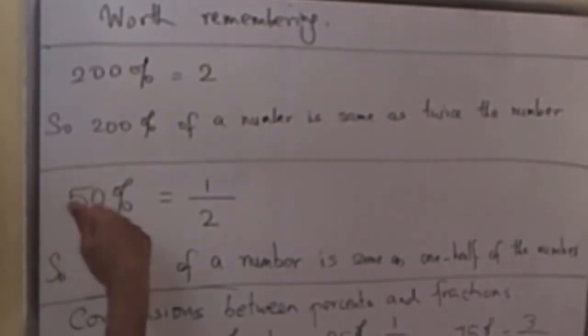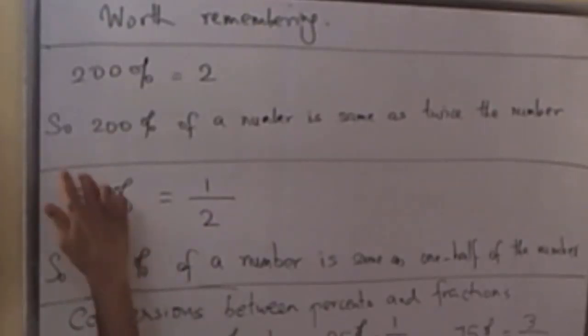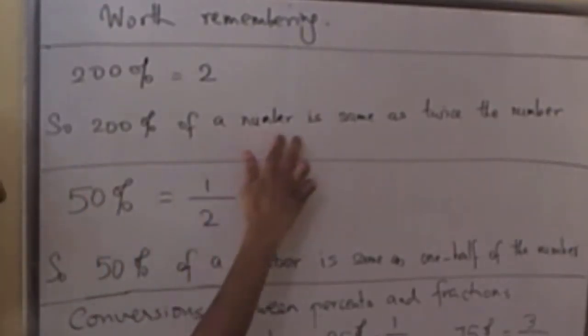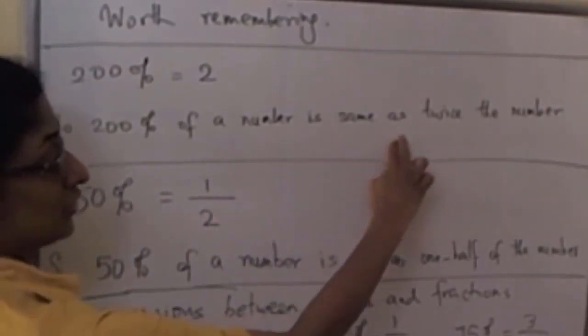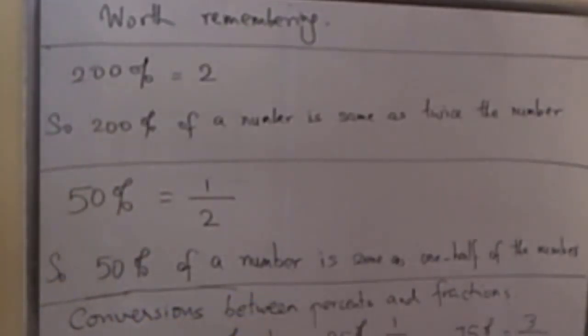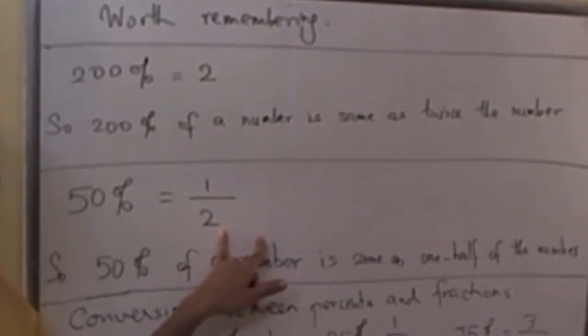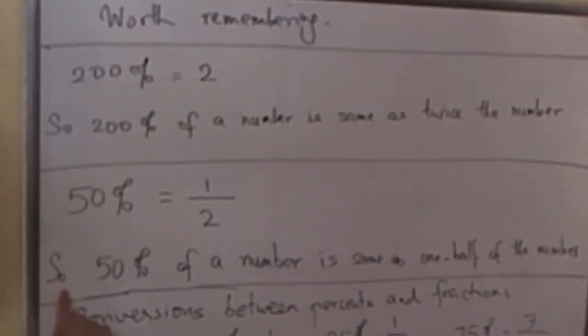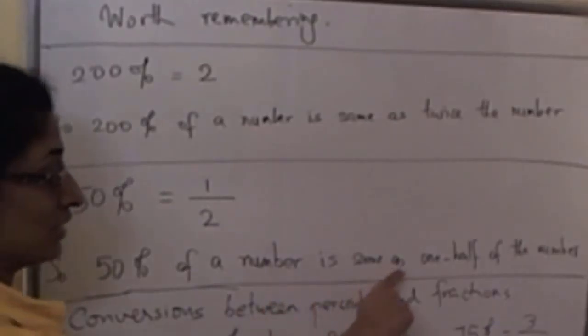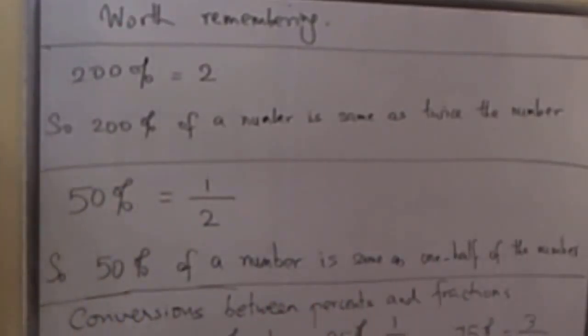And then by the examples that we've done, you can see 200% of a number is then the same as twice the number. Similarly, we can do this calculation. 50% by definition is 50 over 100, and 50 over 100 simplifies to 1/2. So from this we can conclude after one more step that 50% of a number is the same as 1/2 of the number. So you want to keep these in mind.